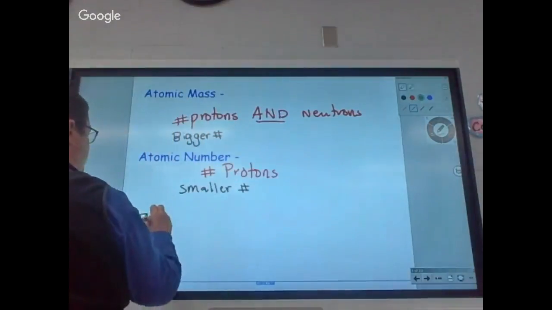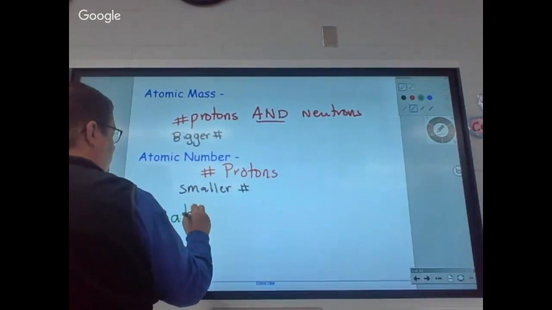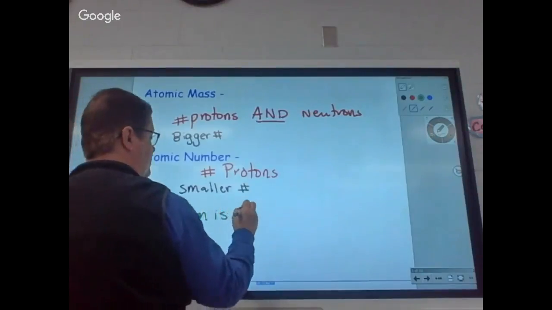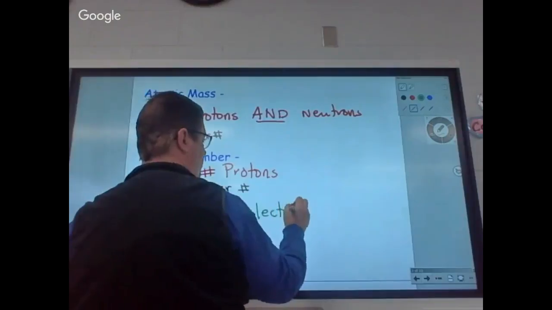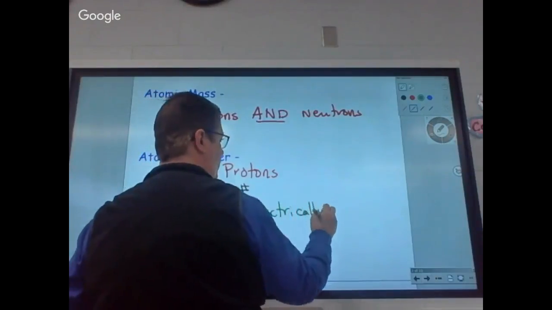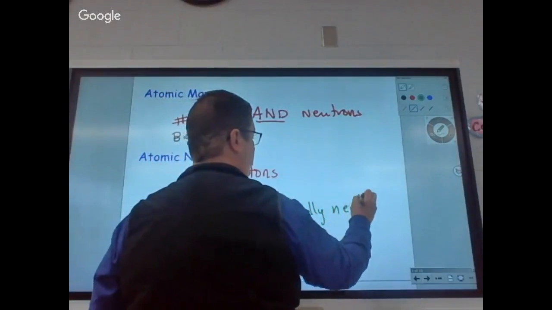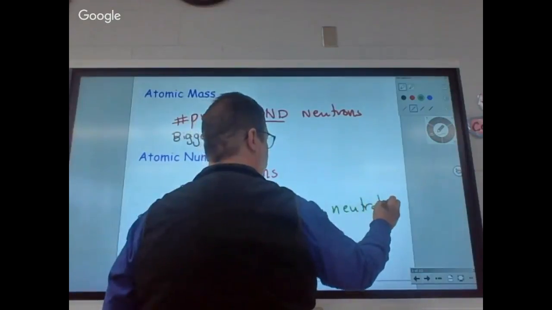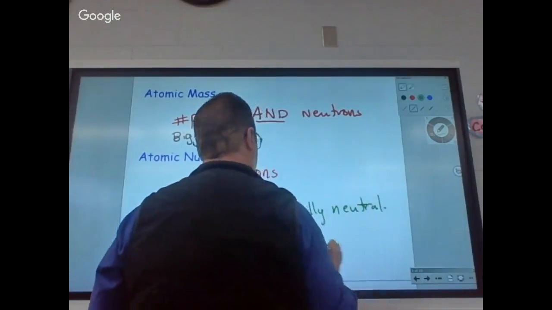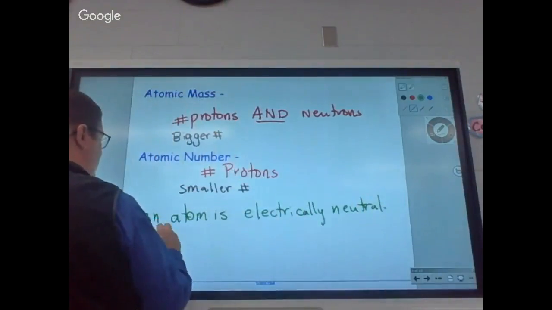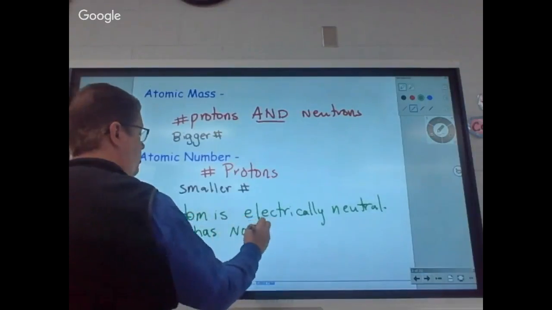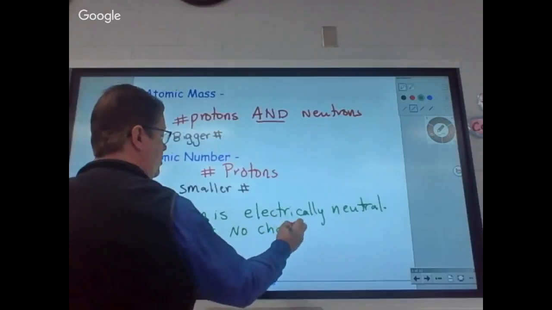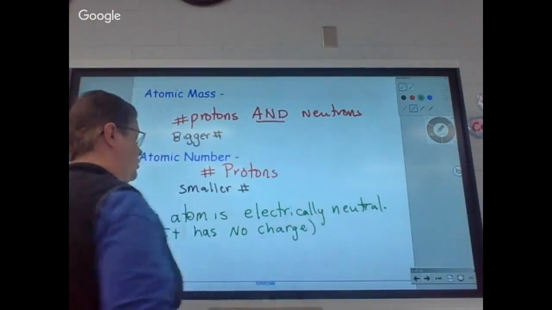An atom is electrically neutral, which means it has no charge.